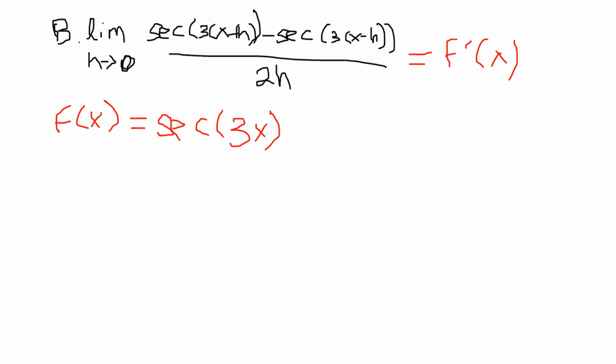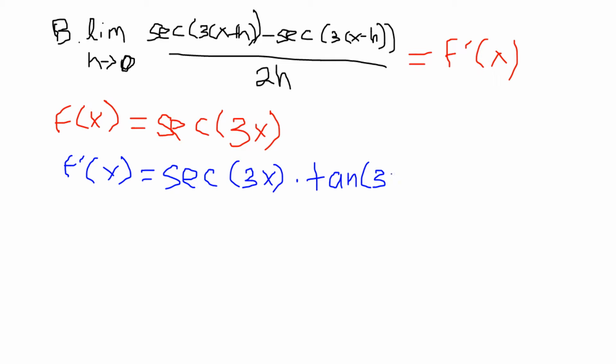Then using the derivatives of trig functions, we know that f prime of x is equal to secant 3x times tangent 3x times 3, because we have to use the chain rule in this part.